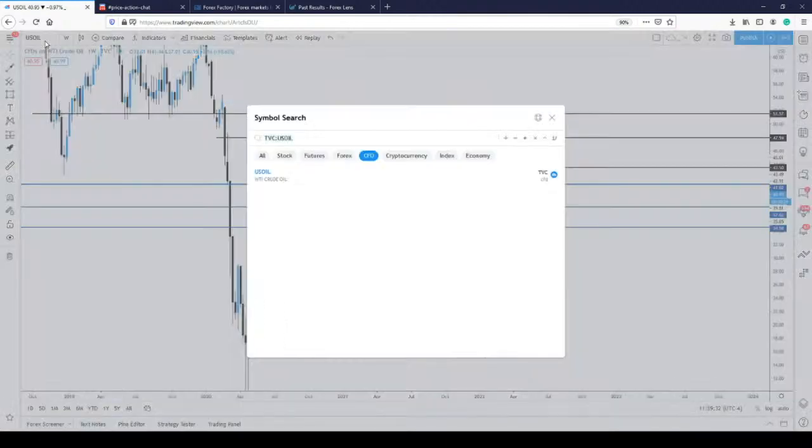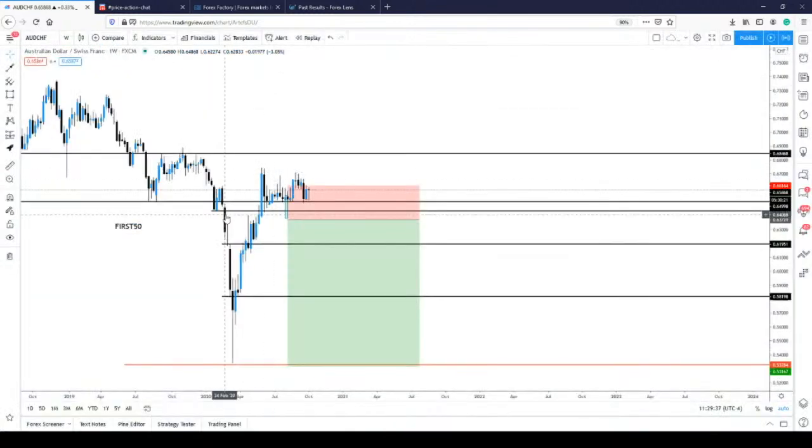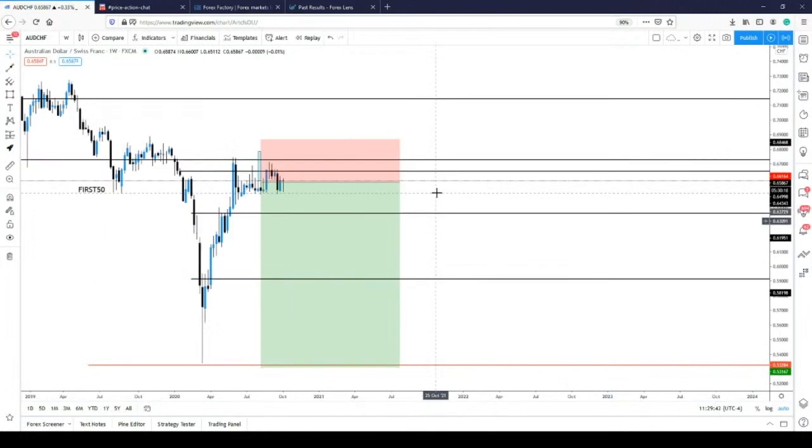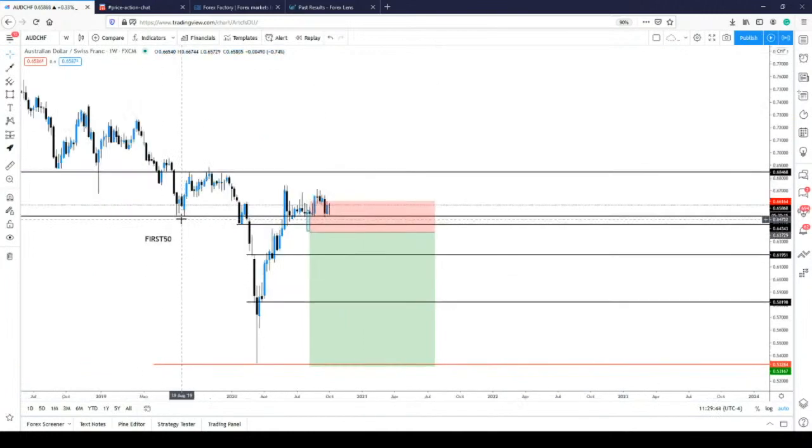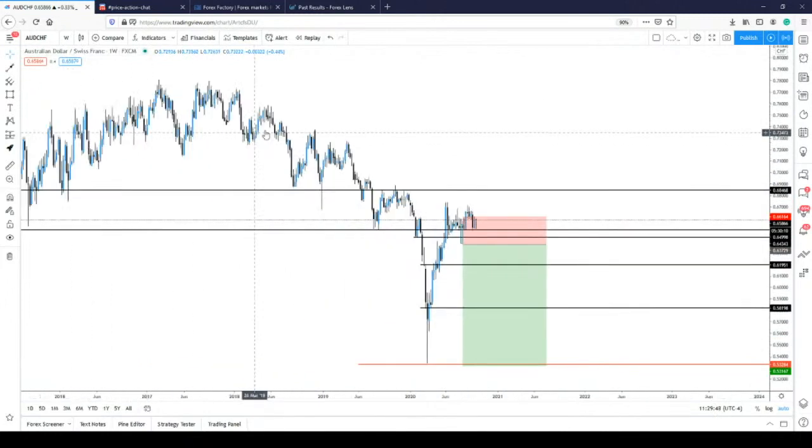Someone said Aussie CHF. So Aussie CHF, I'm saying short because last time around when we looked at this pair, I was thinking short as well. Look at the higher time frame, the weekly time frame.